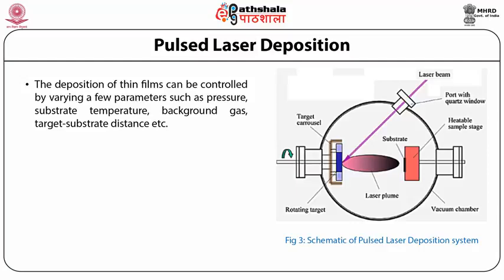The deposition of thin films can be controlled by varying a few parameters such as pressure, substrate temperature, background gas, target substrate distance, etc. So students, let us summarize what we have learned in this module. First, we discussed in detail the thin film growth process.